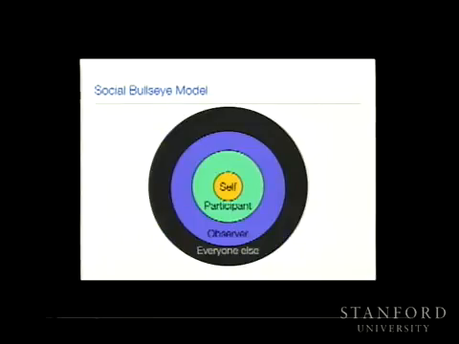and so the online social networks have really adopted models like this of bullseyes, where you as an individual stand at the middle, and then your friends are in the next circle around you. Your friends of friends and groups are around that, and then you can go a little bit further.